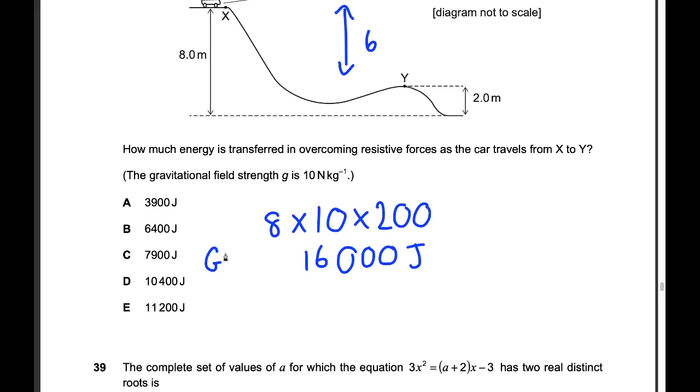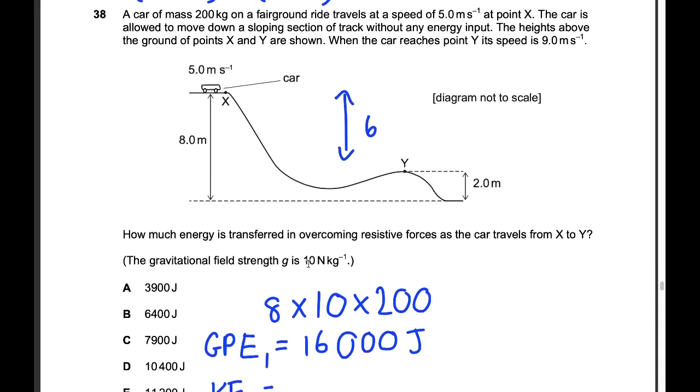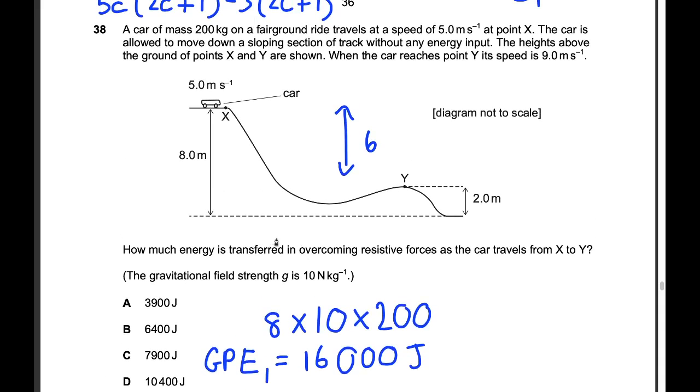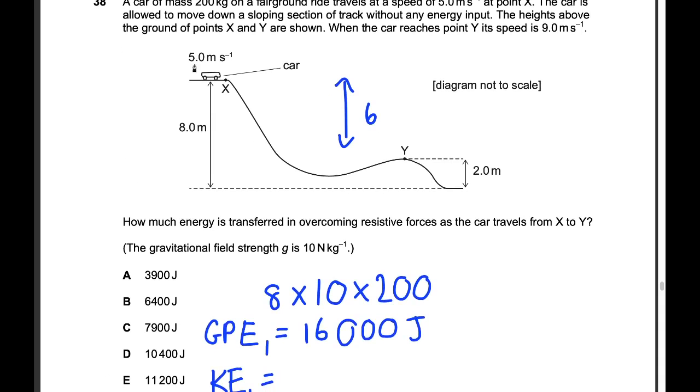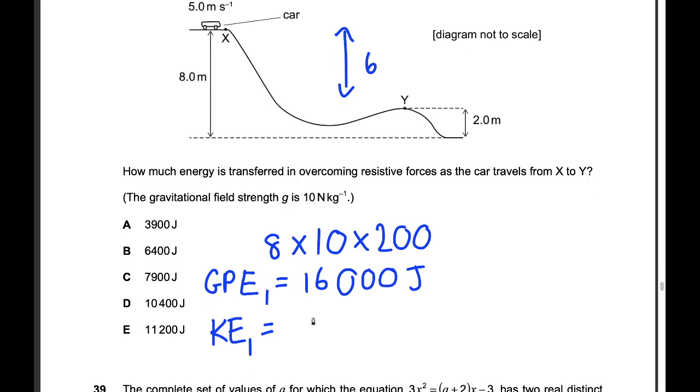So GPE1, that is, GPE at the start, I'm calling it GPE1, and then KE1, okay, KE1 is going to be equal to half mv squared. So half of my m is 100, and my v squared is 5 squared, so that's going to be 25 times 100, which is 2,500 joules.